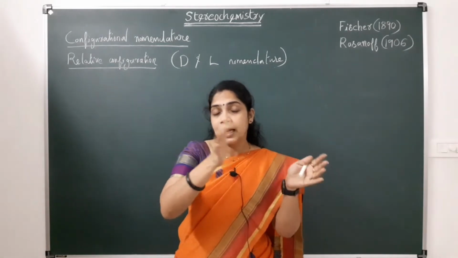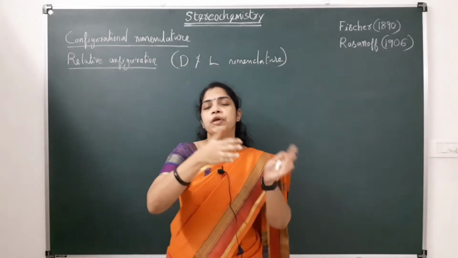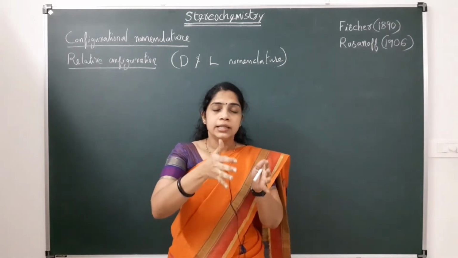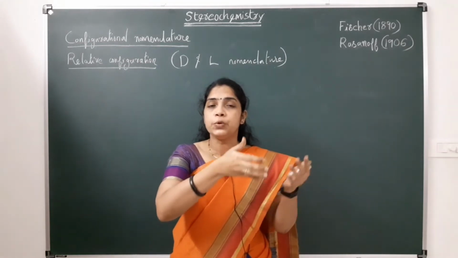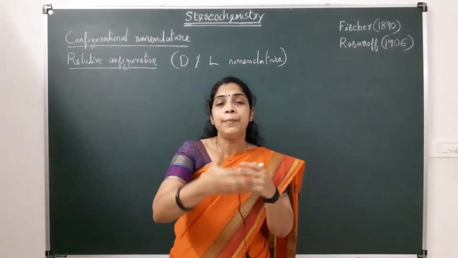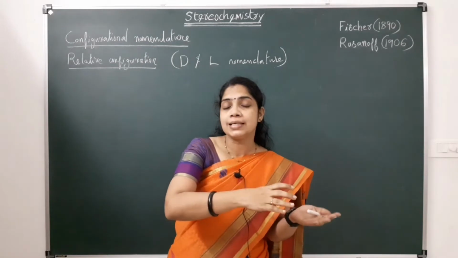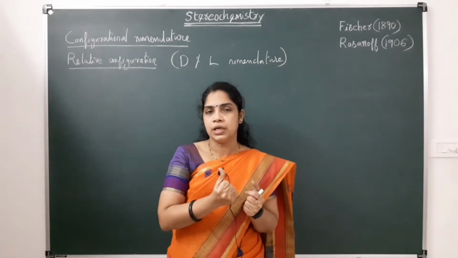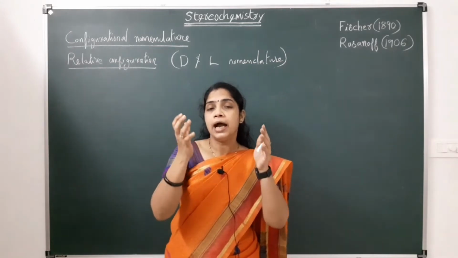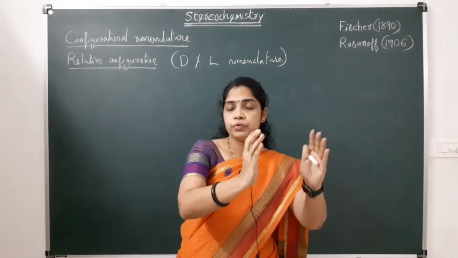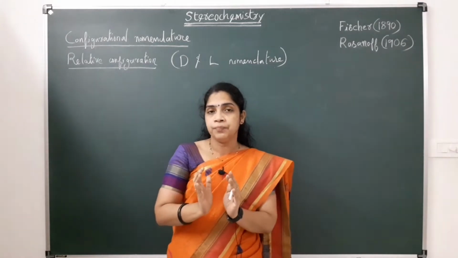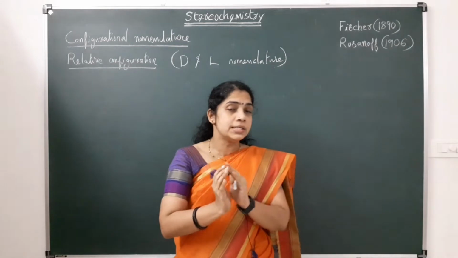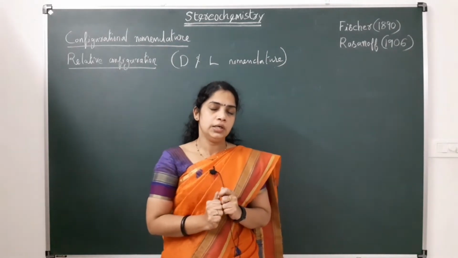So that is the difference between absolute configuration and relative configuration. Here, relative to his foot, the child was able to find which one is a right shoe and which one is a left shoe. That is called relative configuration. The correct identification of the shoe, that this shoe is a right and this shoe is a left, that is prior knowledge of which one is right and which one is left, that is absolute configuration.